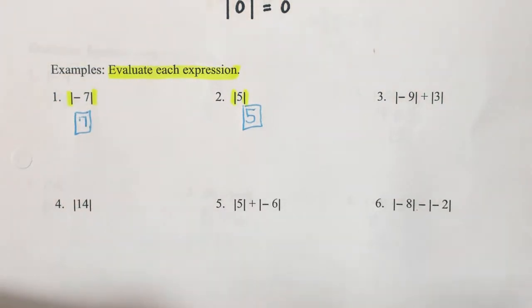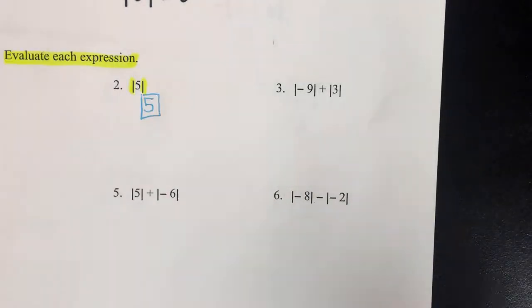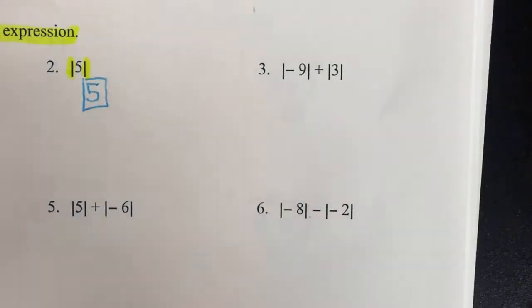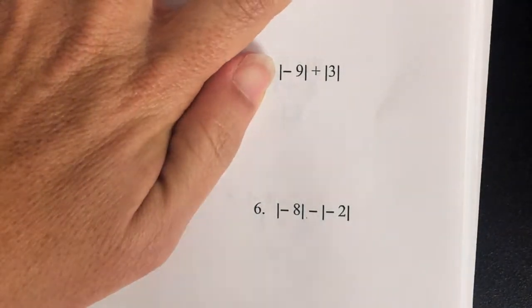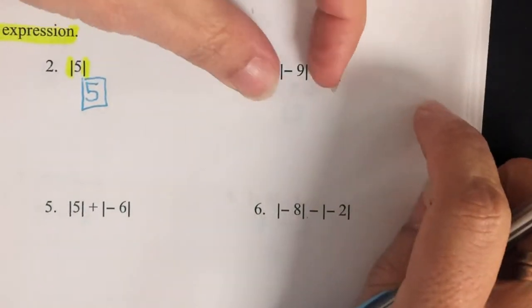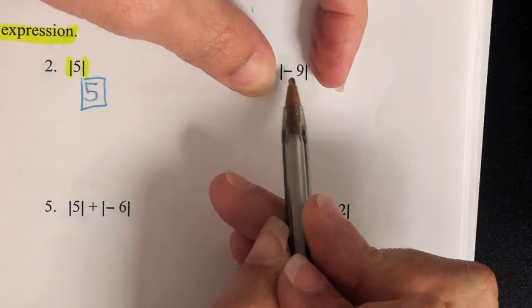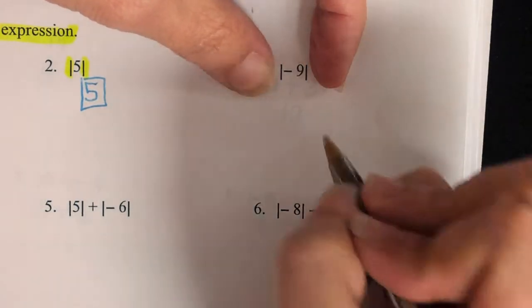Okay. Now we're seeing one that's more like a math problem. And I'm going to show you how I pick it apart. Start out by looking at each set of just the bracket numbers. So in these brackets, there's a -9. Well, the absolute value of -9 is 9.